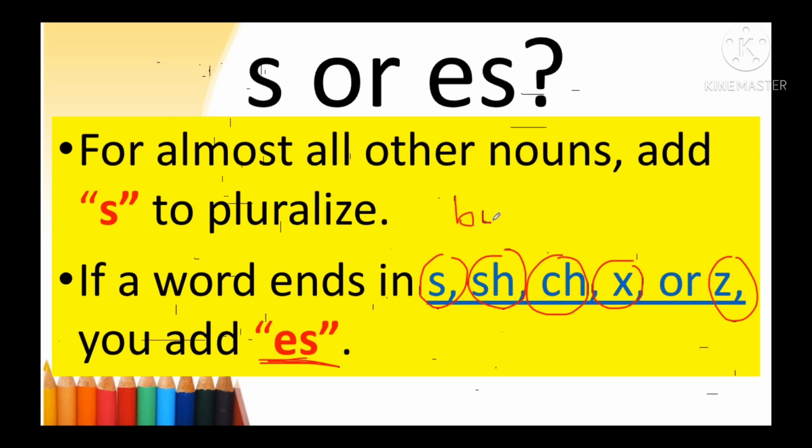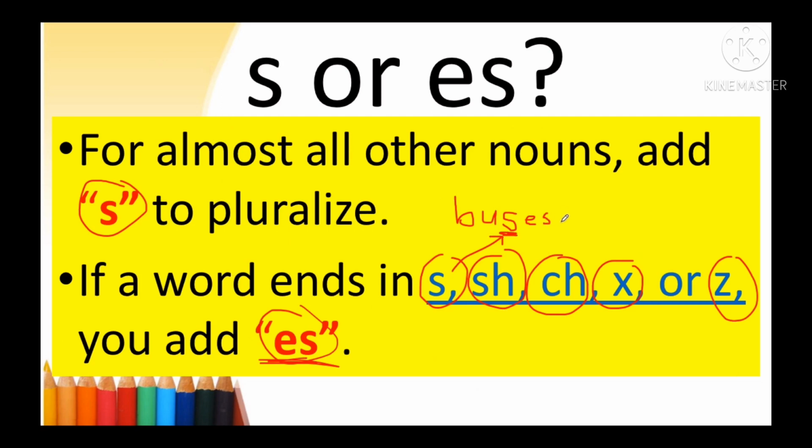For example, what is this? This is bus, right? Bus ends in S. So, instead of adding only one S, we need to add ES. So we will put ES. Right? Another one.